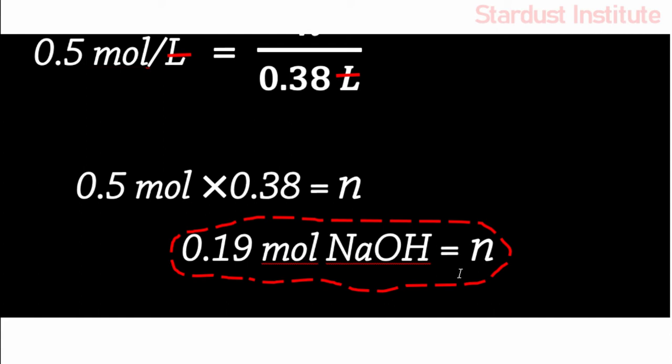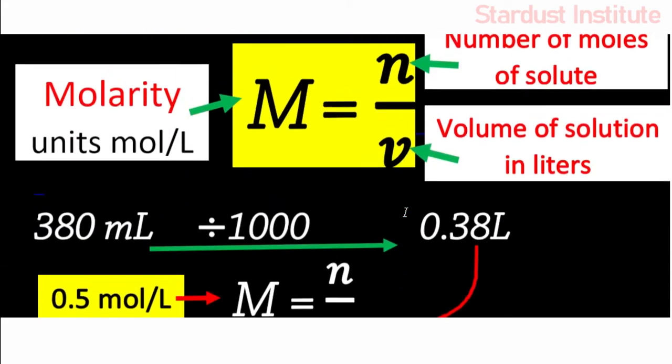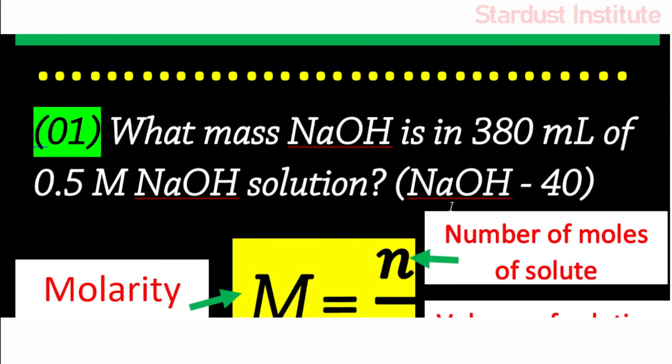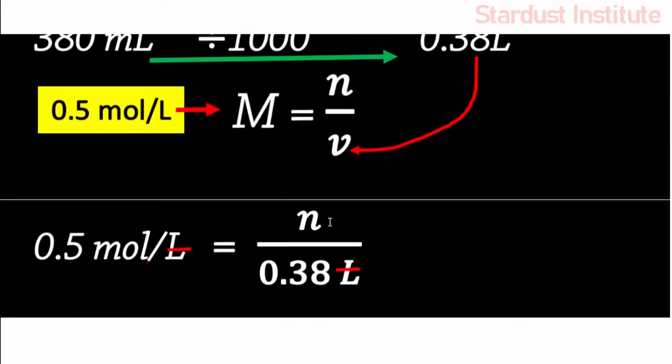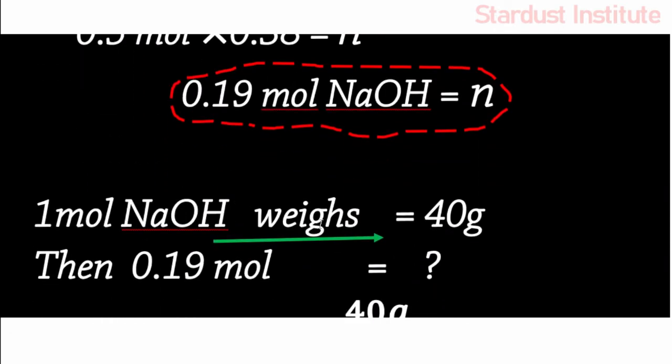Now we have found the number of moles of sodium hydroxide, 0.19, but this is not our main answer. Now we have to find the mass. We know the molar mass of sodium hydroxide is 40, that means one mole weighs 40 grams.